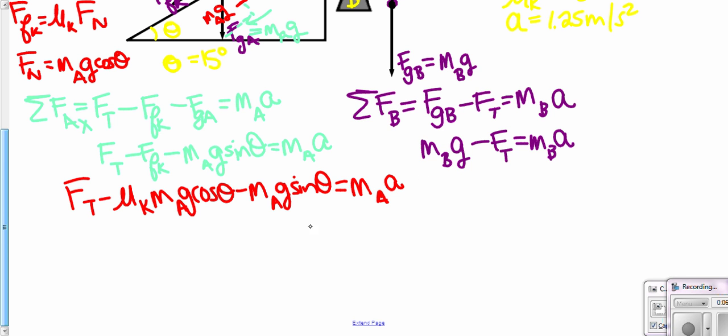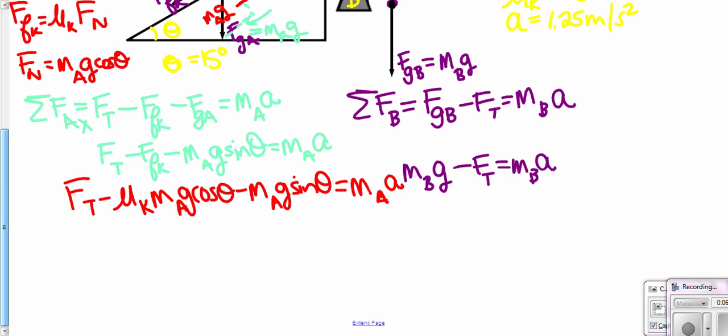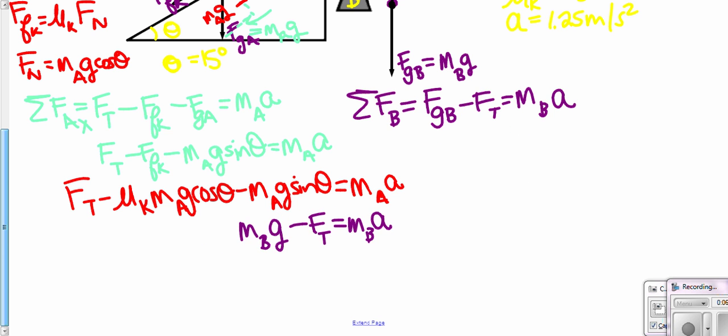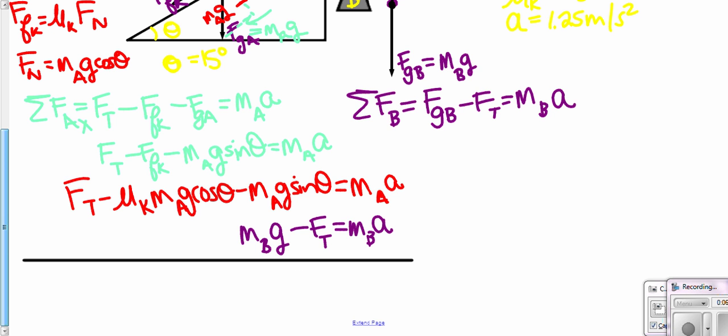But together, the only thing I don't know, if I can cancel out force of tension, then I can find the mass of block B, and I'm good to go. Okay, so what I'm actually going to do is take this equation. I'm going to add them together, because when you add them together, the force of tensions are going to cancel out, and that is just an awesome thing to happen, and we don't have to deal with that anymore.